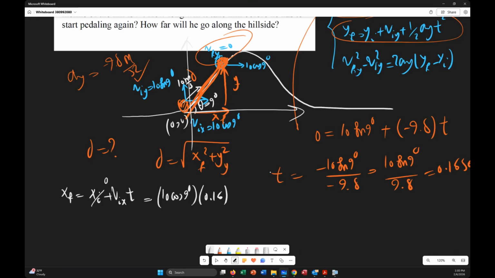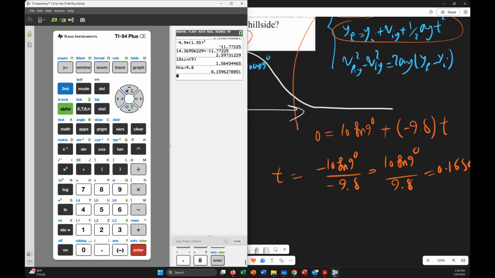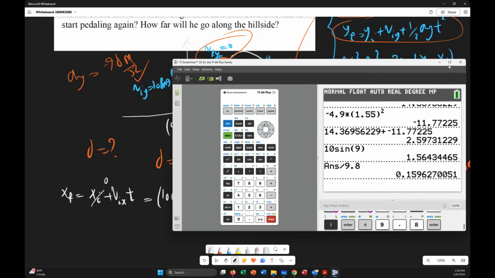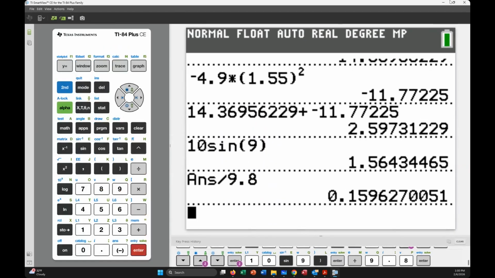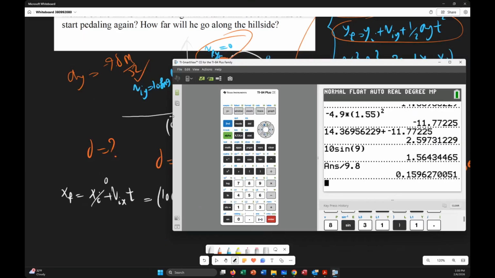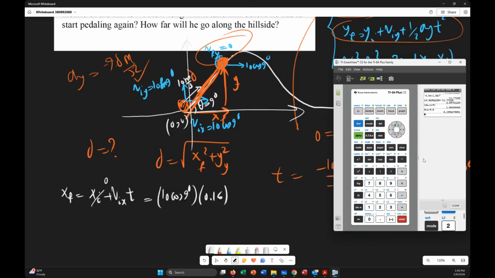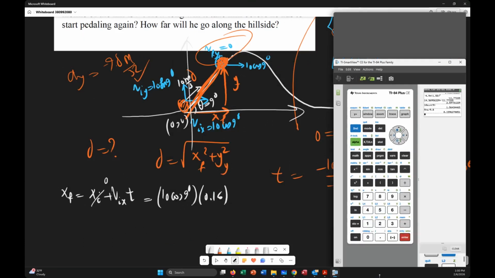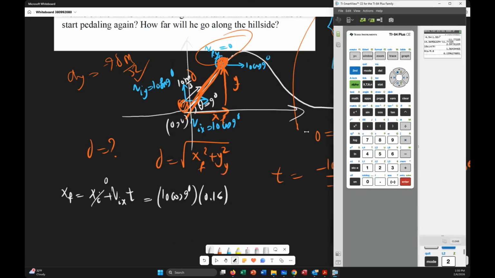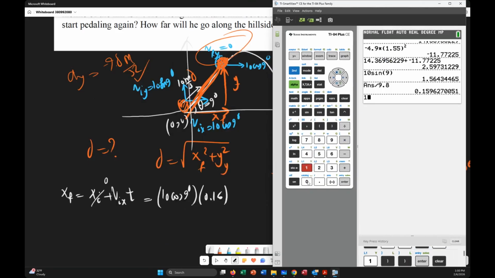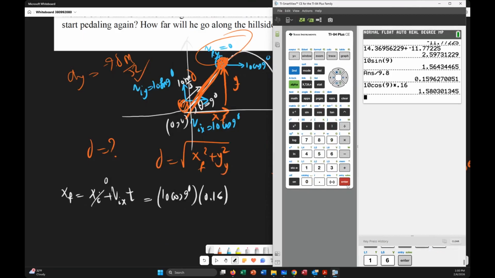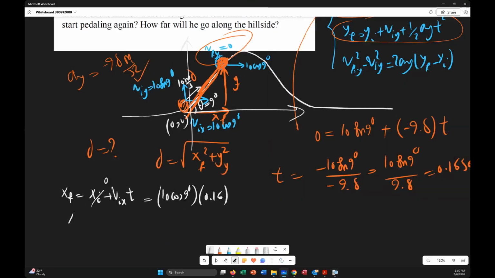How much is it then? 10 cosine 9 multiplied by 0.16, xf is going to be 1.58 meters.